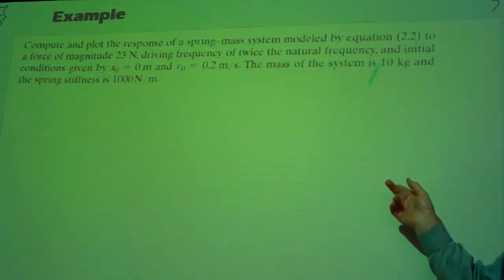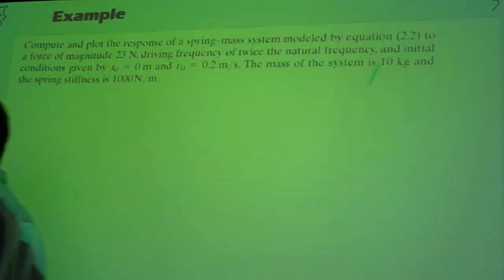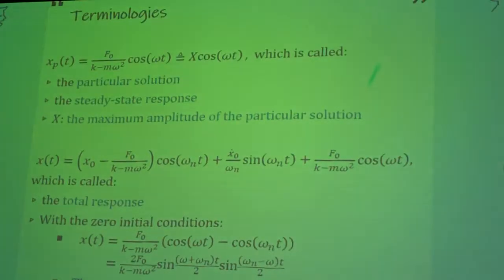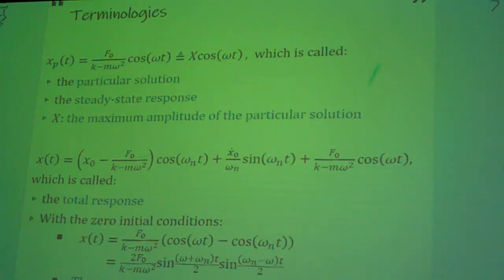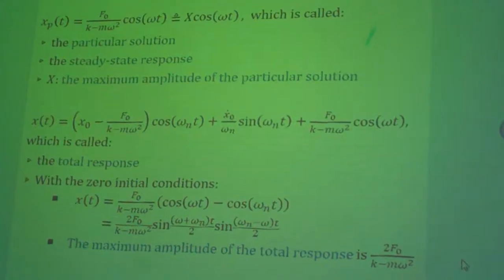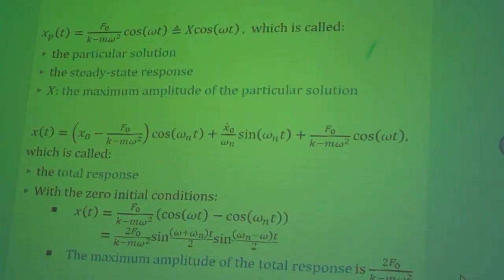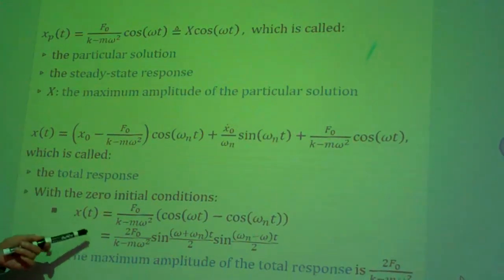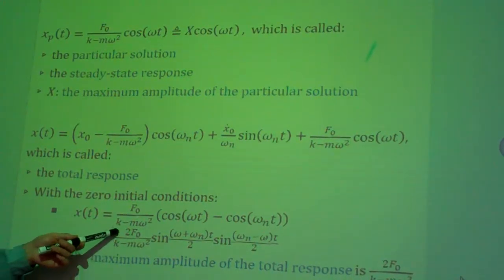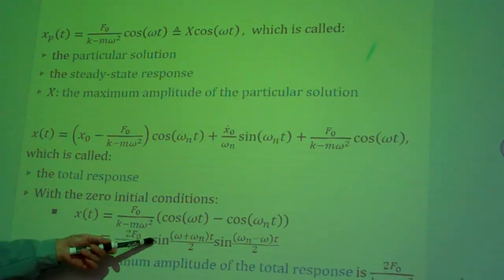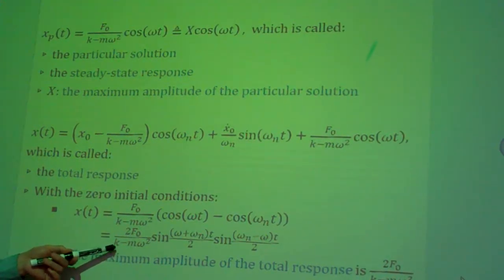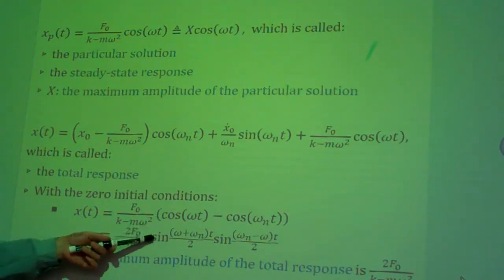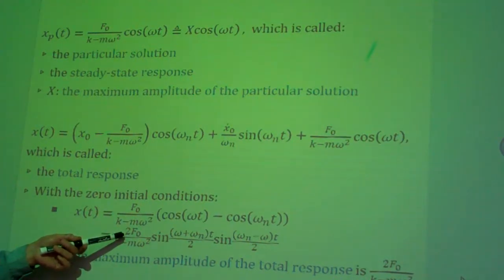For this particular example, the solution I gave you last time on Friday is based upon this equation to determine the total response. In that solution, you will see I highlight this form in the last step of that example, and you can see that it is a twice, it should be twice.